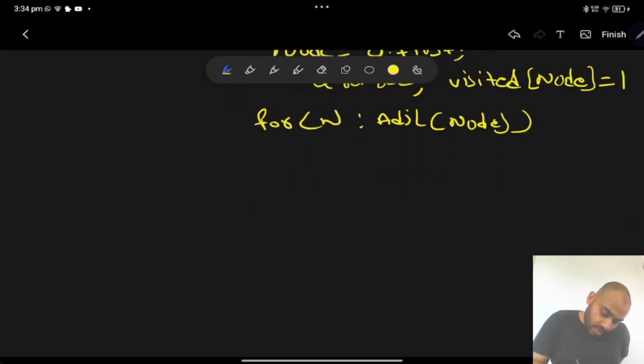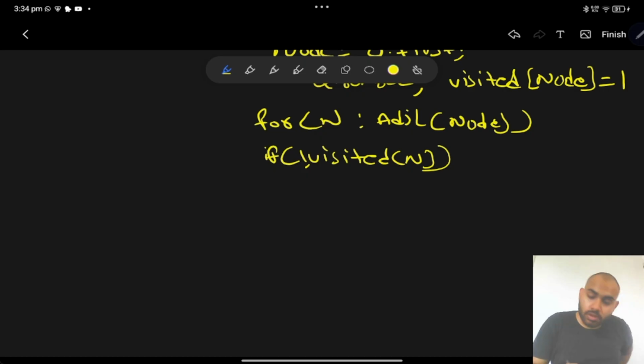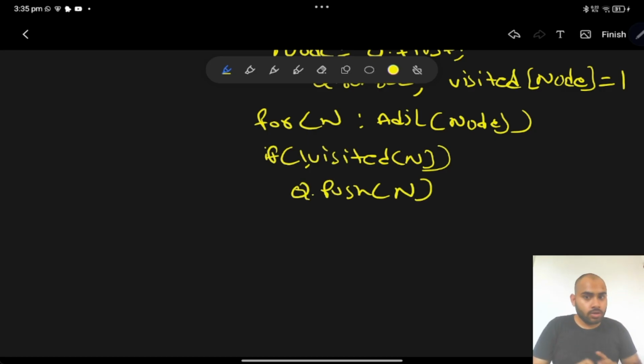Now if the node is not visited, then only we will enqueue it, we'll push it inside the queue. Okay, queue dot push n. And if it is visited, we will not proceed with it because it's already visited, and visiting the already visited node will introduce infinity inside the graph, or continuous cycle repetitions, and that we don't want.